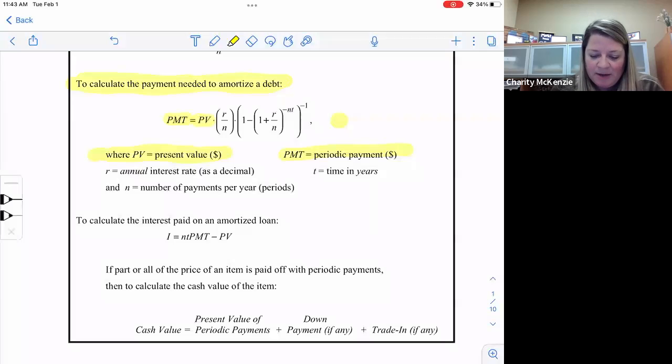Okay, and then we should recognize the R over N. That's our rate and our number of payments per year. Typically, N is 12. You usually make monthly payments, maybe quarterly for taxes. Maybe you might see some other things.